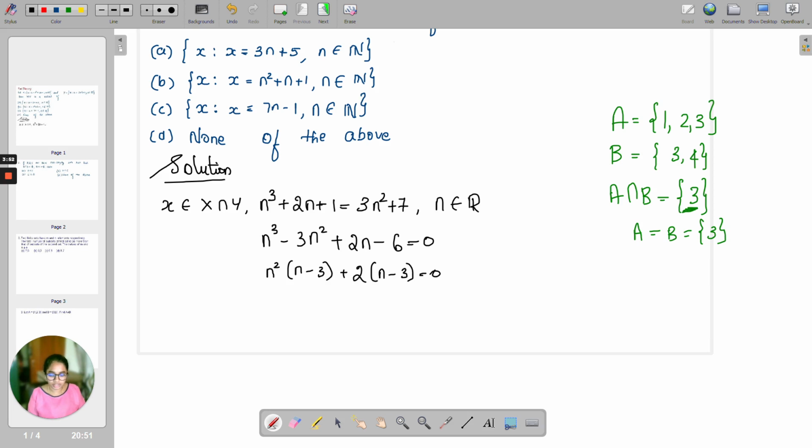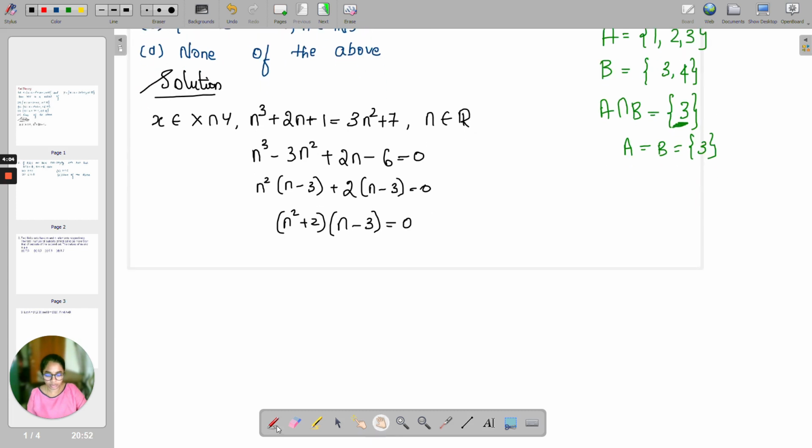So I can write (n square plus 2) into (n minus 3) equal to 0. Now, what is the value of n? Can it be 2 or 3? I'll directly write that n is equal to 3.